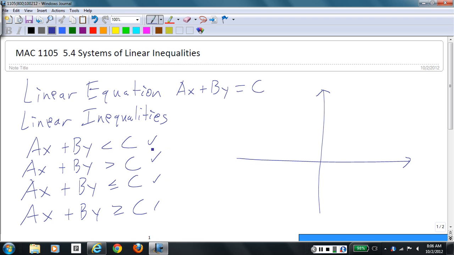Strict inequalities, or ones that have the or-equal-to bar. If it's one of these, it will have a solid boundary line. And if it's one of these, it will have a broken boundary line.